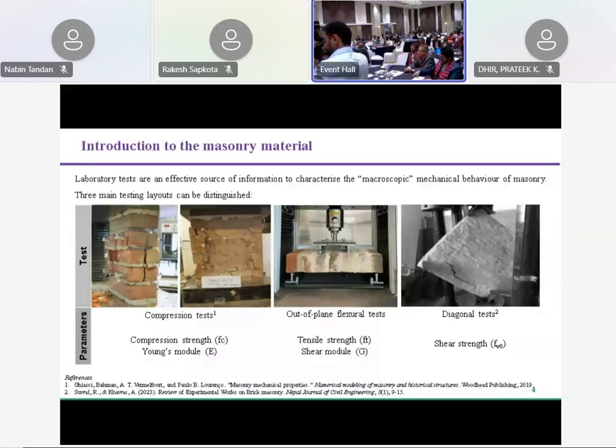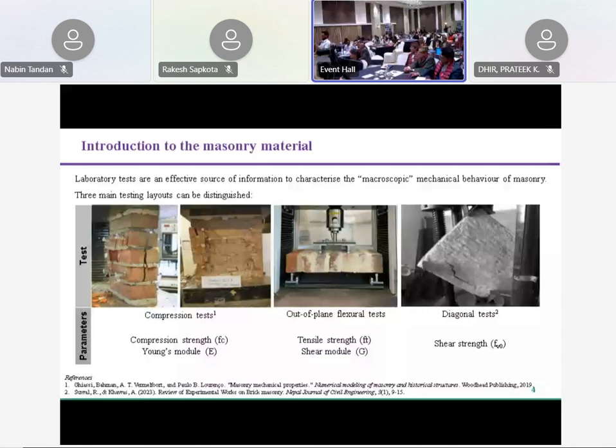Finally, on the right part of the slide, we have what we call a diagonal compression test, which provides us the shear strength of the material, so the ultimate force the panel can sustain in shear. These parameters are probably the most important ones we need to assess for our design.